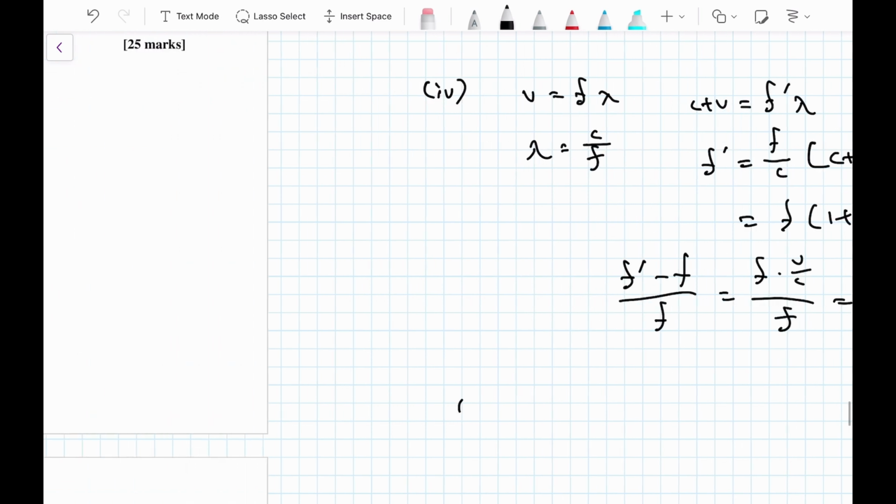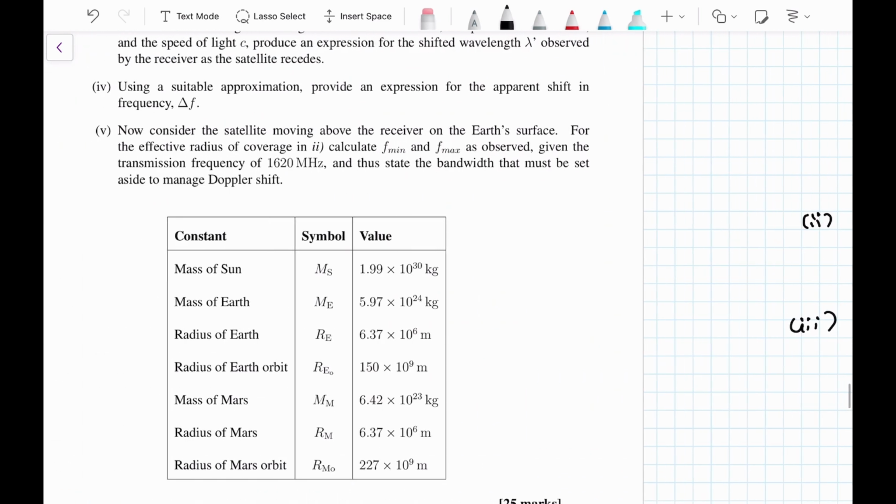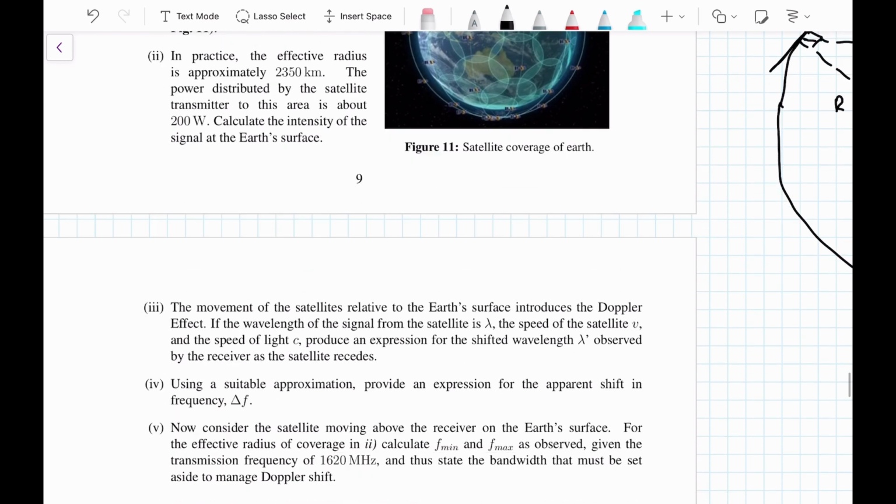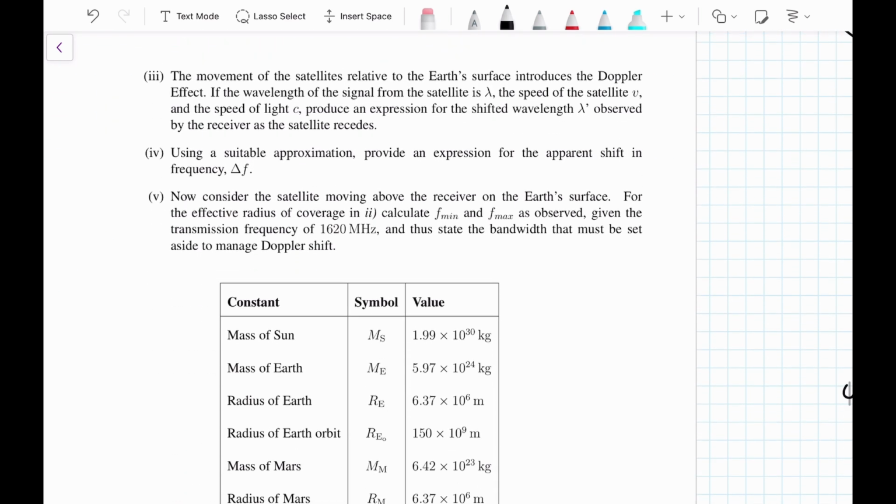Now let's see the last part. It says, now consider the satellite moving above the receiver on the Earth's surface. For the effective radius of coverage in the second part, that's just 2350 kilometers.